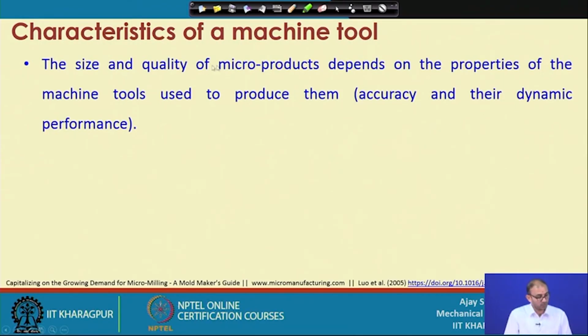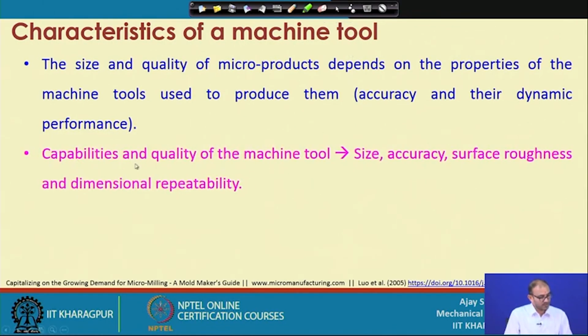When the machine is in operation, the different components are in motion, mostly the XYZ slide, and the spindle is also rotating. So, there are many movable components. How the machine behaves at that time is also important, because that is the real life situation of the component. So, the capability and quality of the machine tool is related to the size, accuracy, surface roughness and dimensional repeatability.